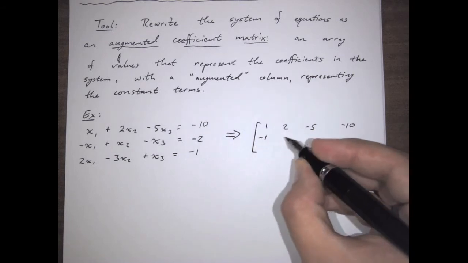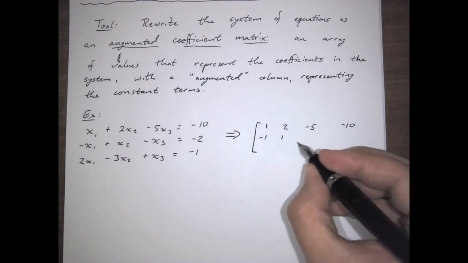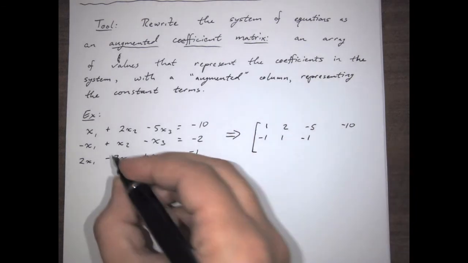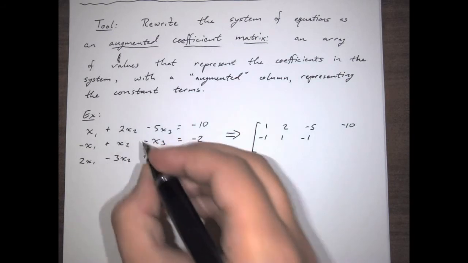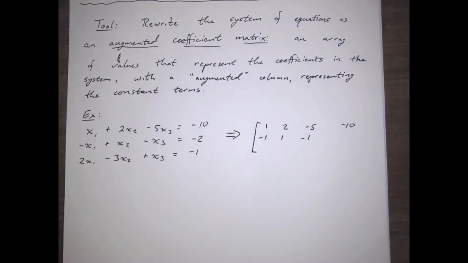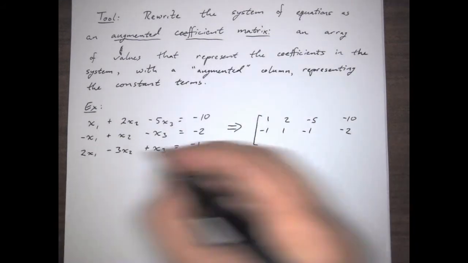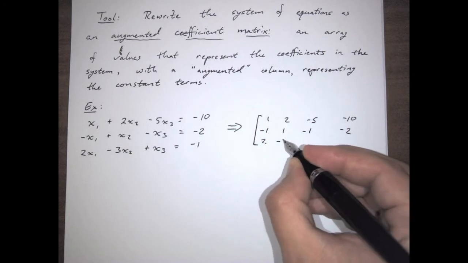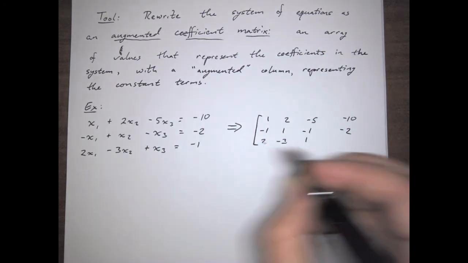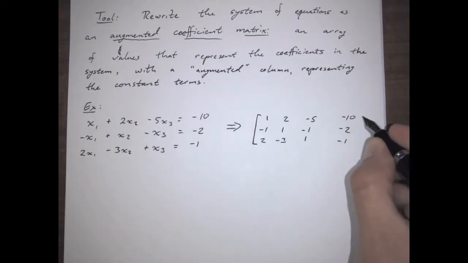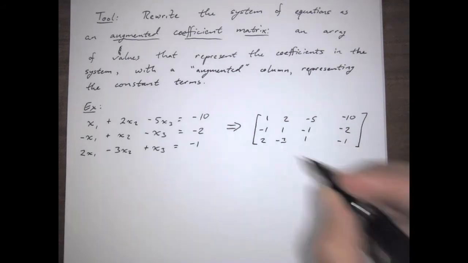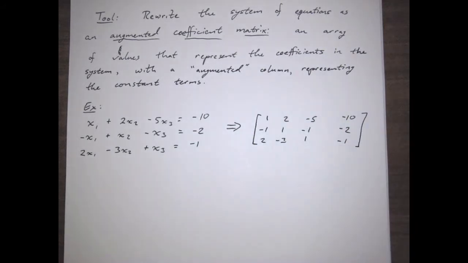And then negative 1, 1, negative 1, these are the coefficients of these variables. Coefficients of the variables just means the number in front of them, or if no number is written, then it's a 1. Then here goes the constant term, negative 2, and then over here we would put the 2, the negative 3, the 1, and lastly the negative 1. And we always use square braces on these.